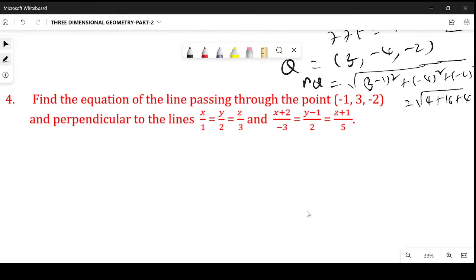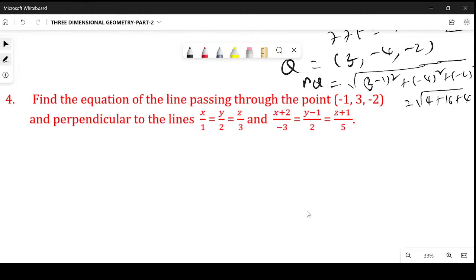So it is required to find the direction cosines or direction ratios of the required line.